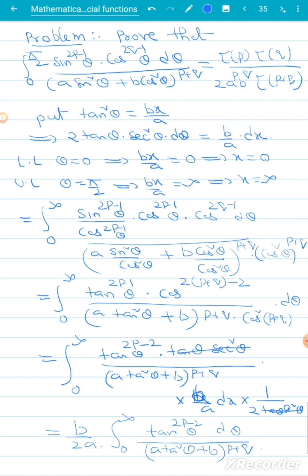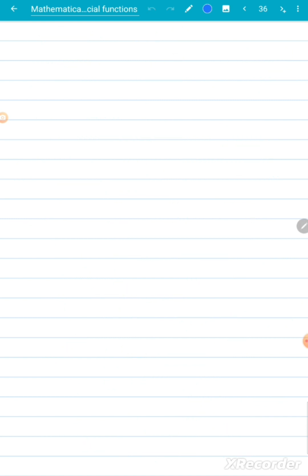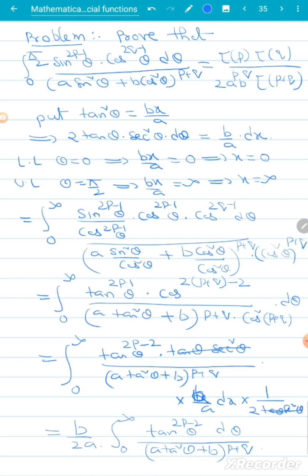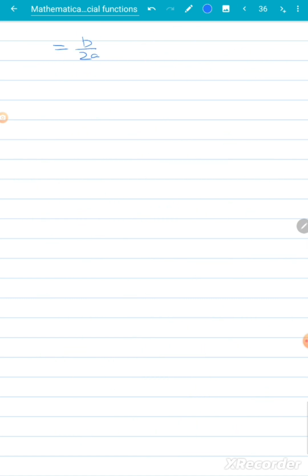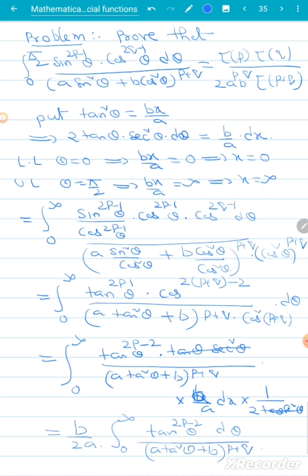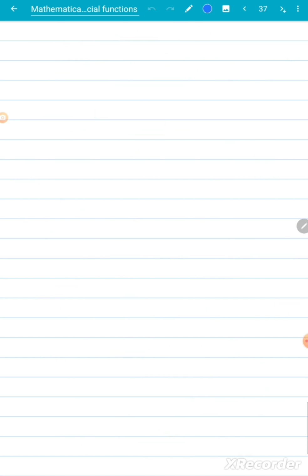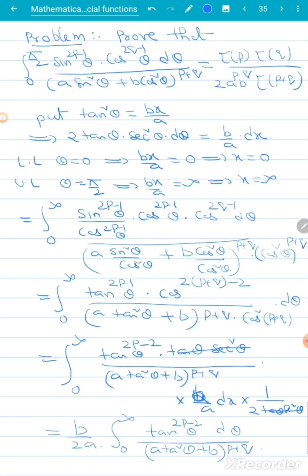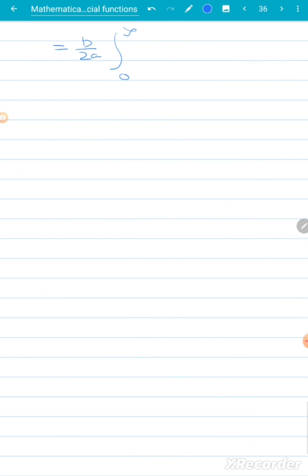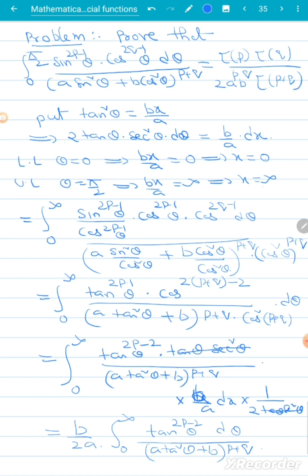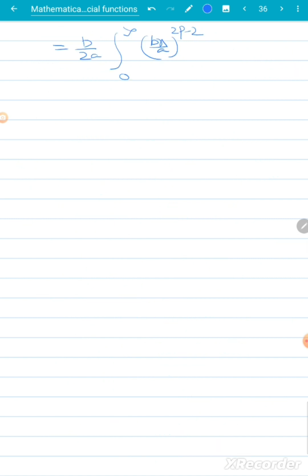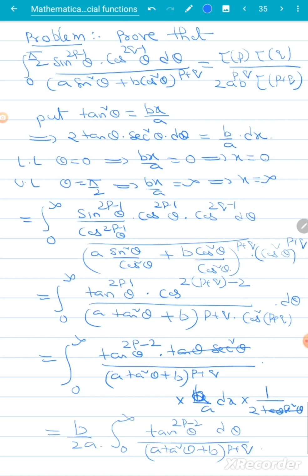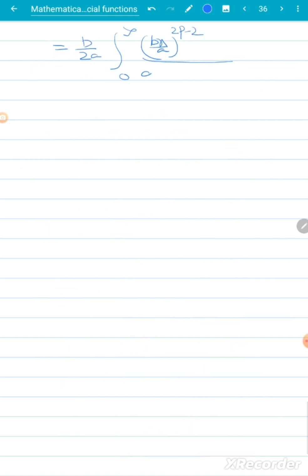And tan square theta is equal to bx by a. This is equal to b by 2a, integration 0 to infinity, where tan theta value is bx by a, bx by a to the power of 2p minus 2 by a.